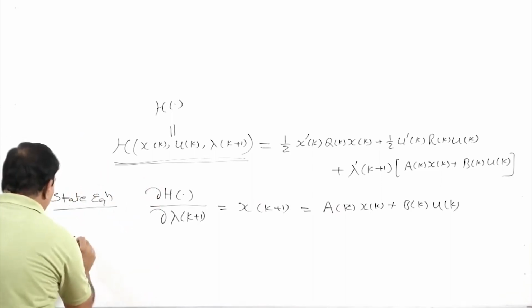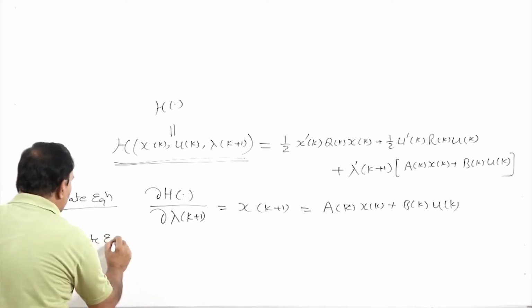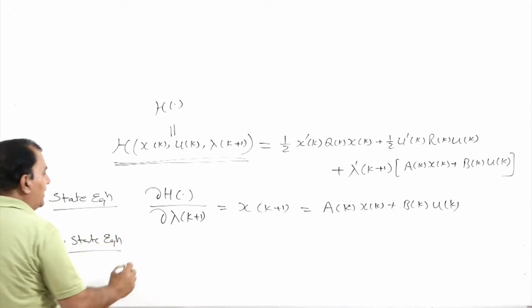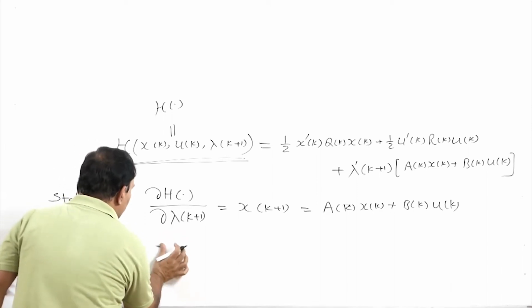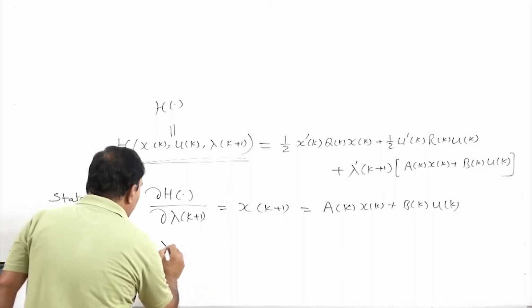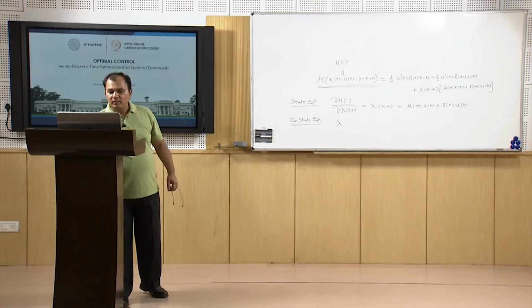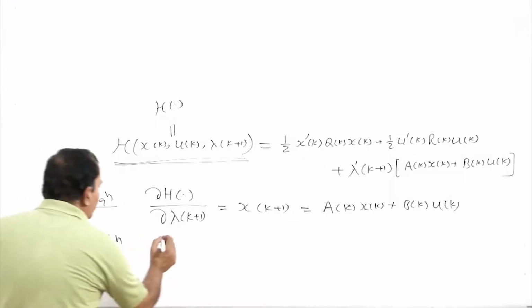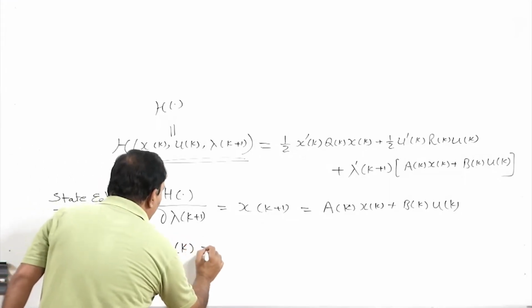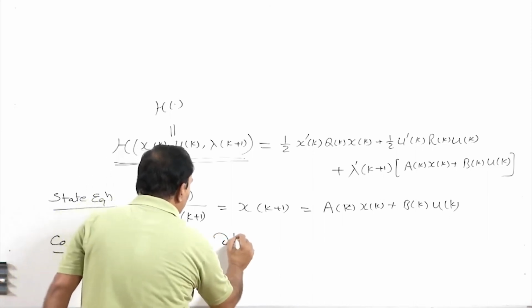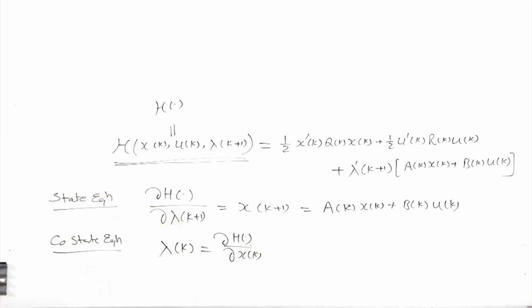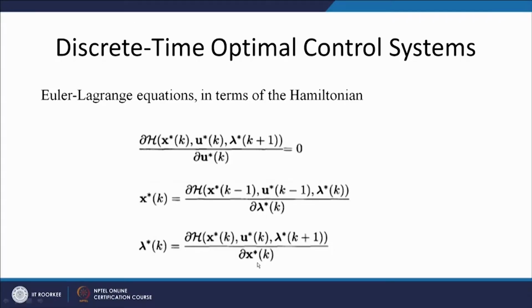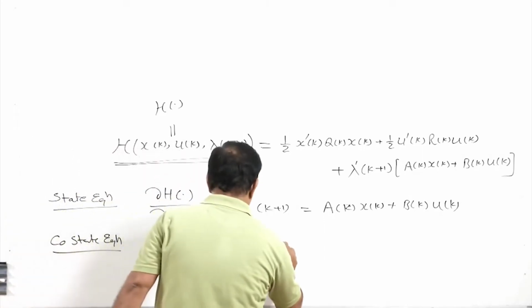Co-state equation, how will I get it? My co-state equation is this, lambda star k. So, lambda k is nothing but my del H by del x of k. So, with respect to x k I have to differentiate.